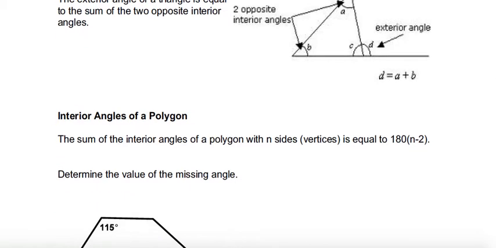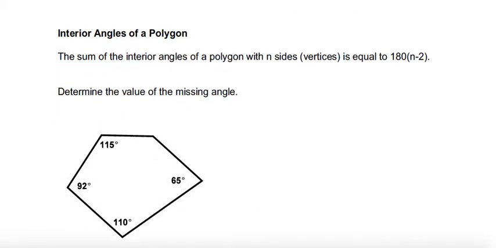The interior angles of a polygon. As I said, we can think about breaking this up into triangles, or we can use this formula here. The sum of the interior angles of a polygon with n sides or vertices is equal to 180 times n minus 2. So let's use this formula to figure out this missing angle. We'll call it x. So how many sides does this have? Well, it has 1, 2, 3, 4, 5. So n is equal to 5.